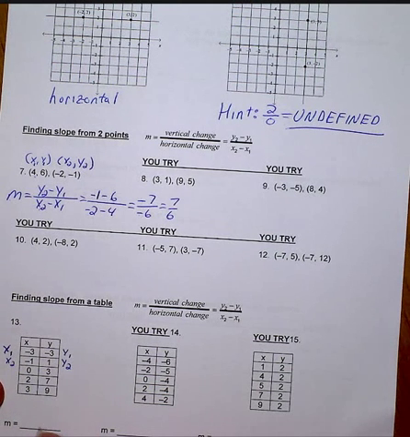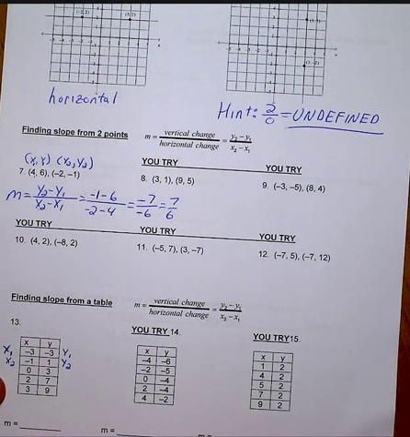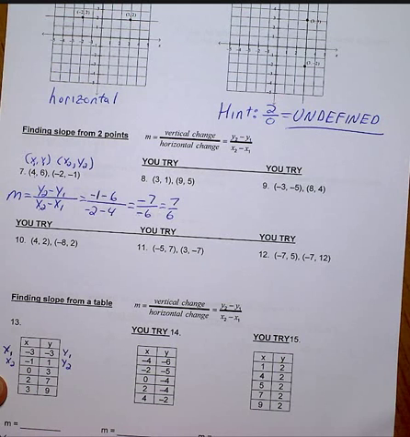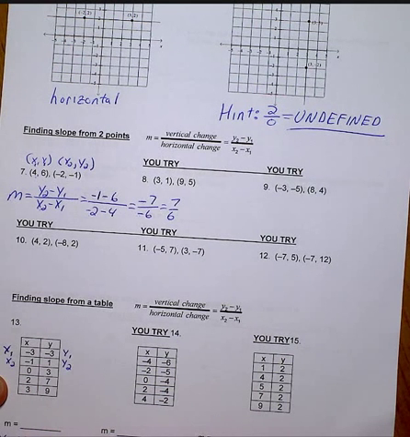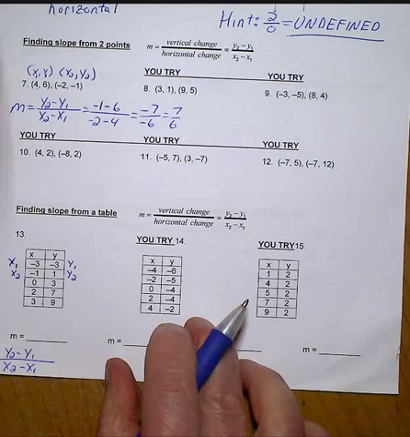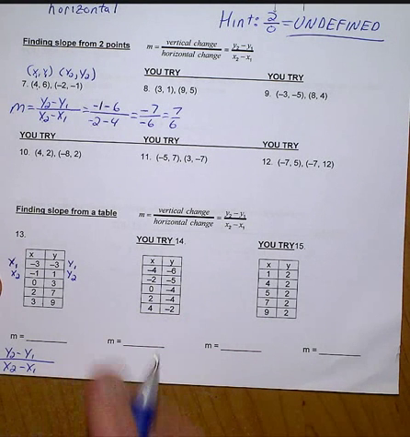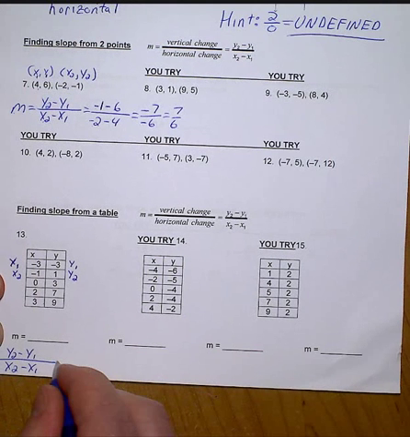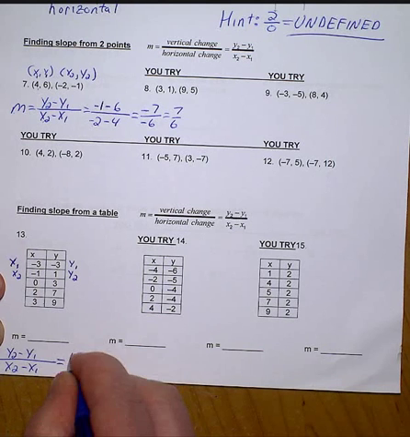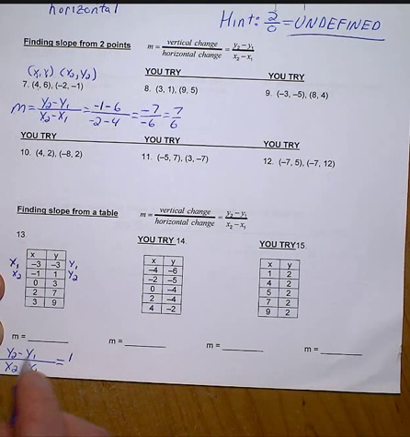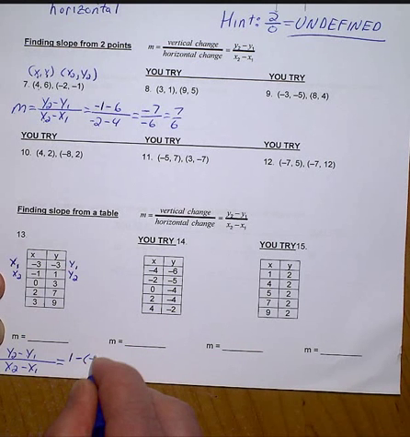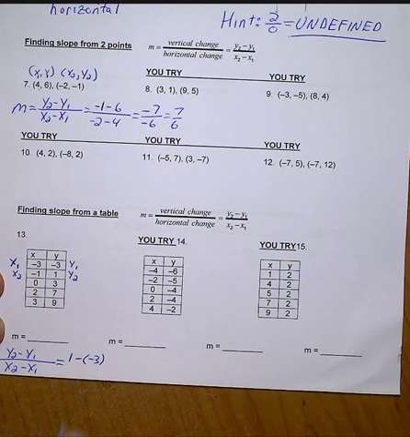So the slope, m equals y2 minus y1 over x2 minus x1. I'm going to do it down here. So my y2, put it equal. y2 is 1. 1 minus y1, which is negative 3. It's minus a negative 3. Got to use parentheses there.